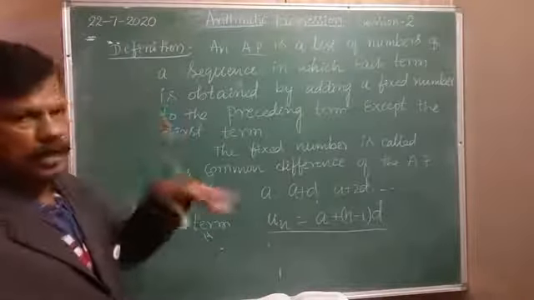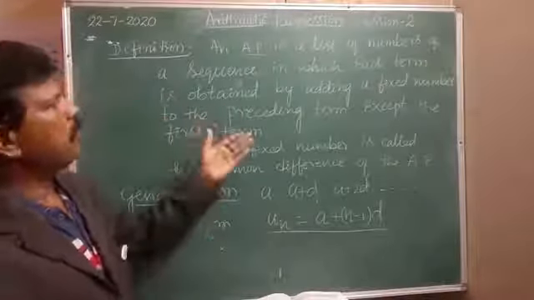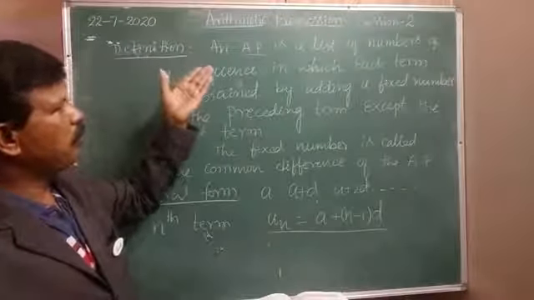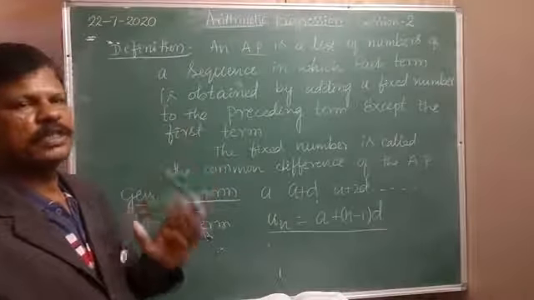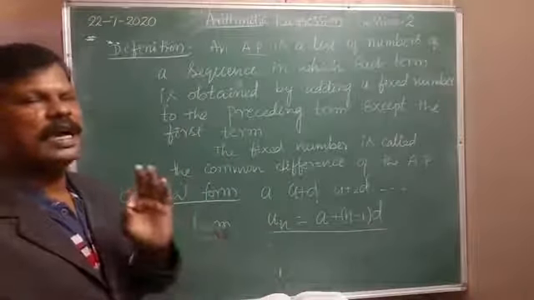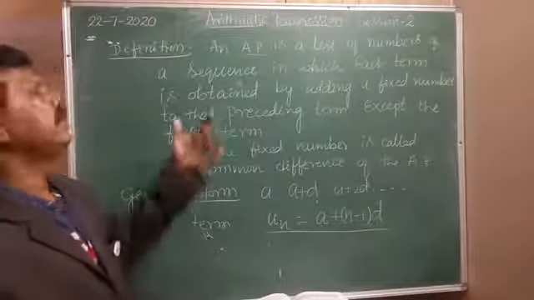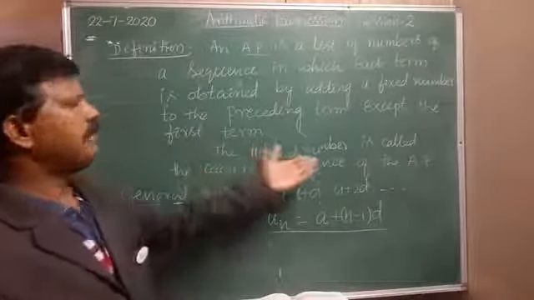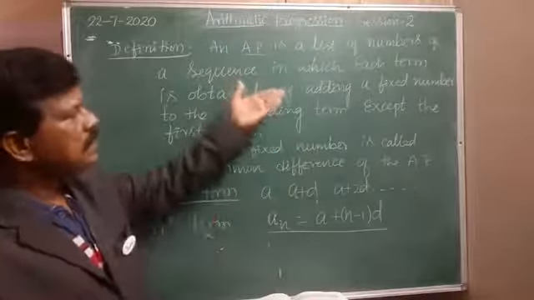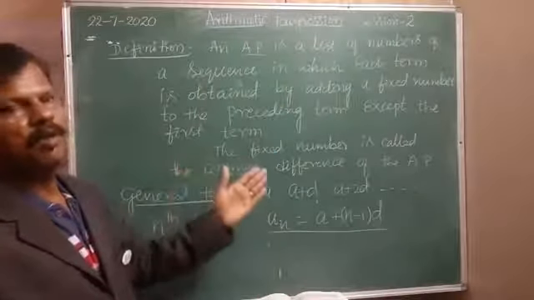Or, in the last class I explained the arithmetic progression like this: the difference between any two consecutive terms is a constant. Here the constant term is called the common difference. The fixed number is called the common difference.